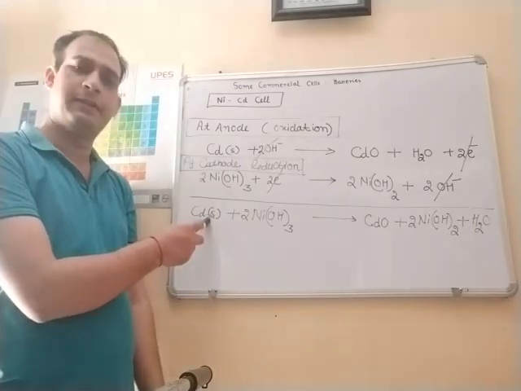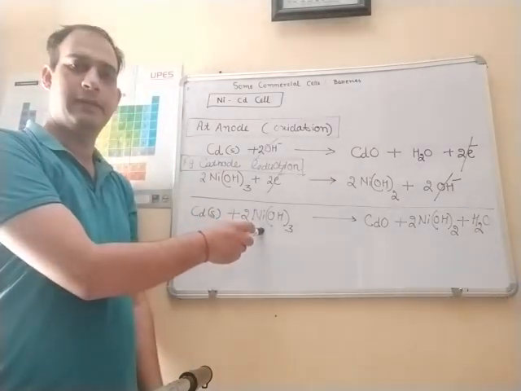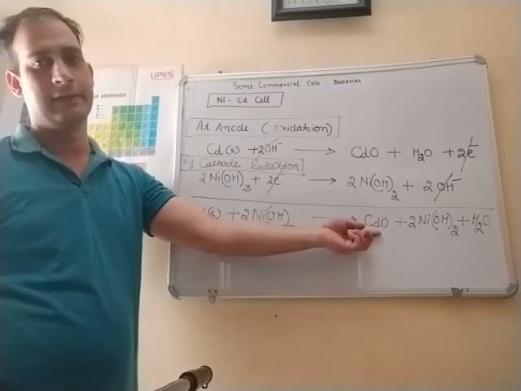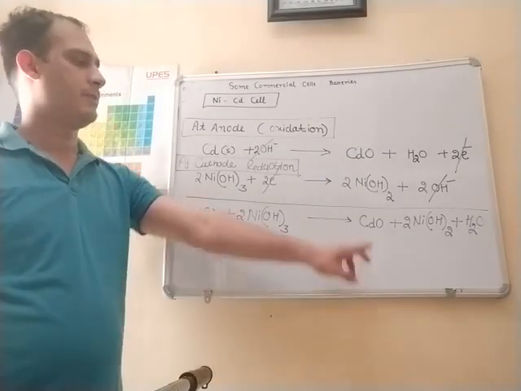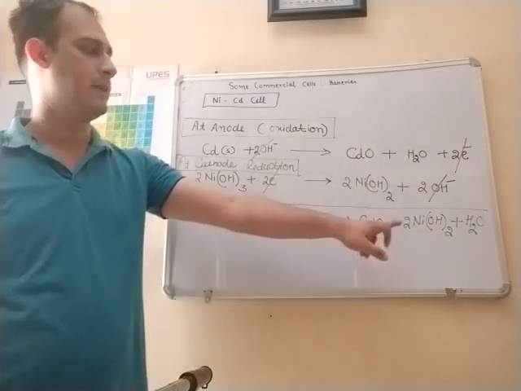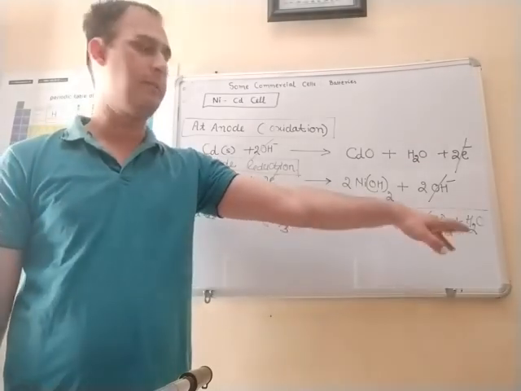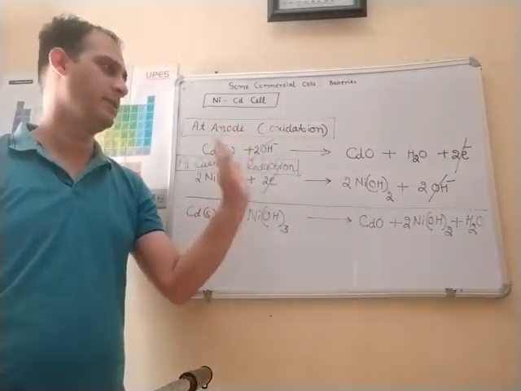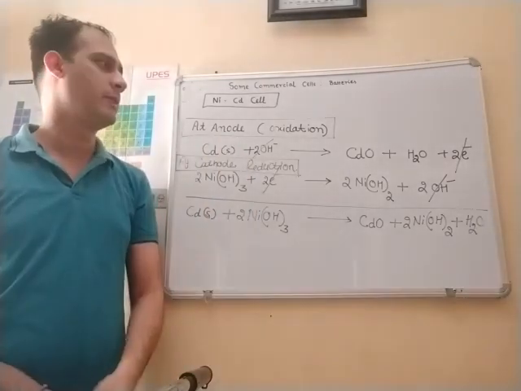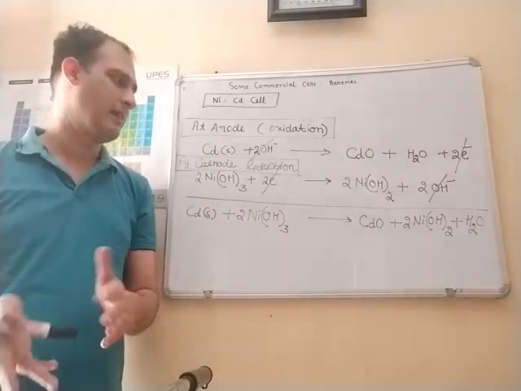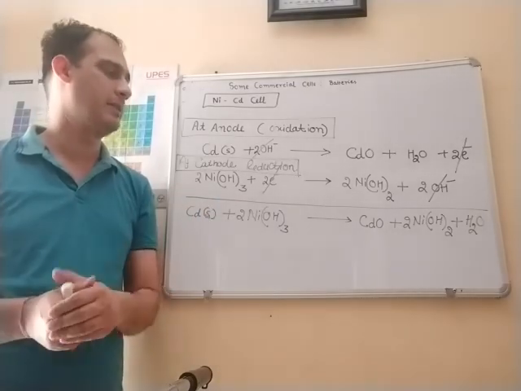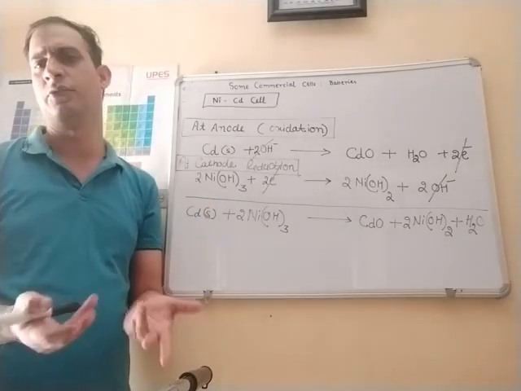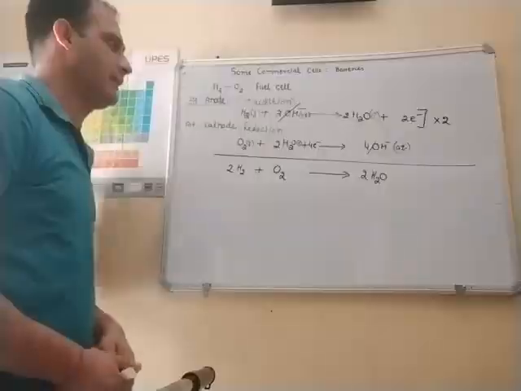So cadmium solid plus 2 NiO(OH) will form cadmium oxide plus 2 Ni(OH)2 plus H2O. So this is the overall reaction which is taking place in case of a nickel cadmium cell. It is commonly used in transistors as well as in cameras, and this can provide a constant voltage of 1.2 volt.